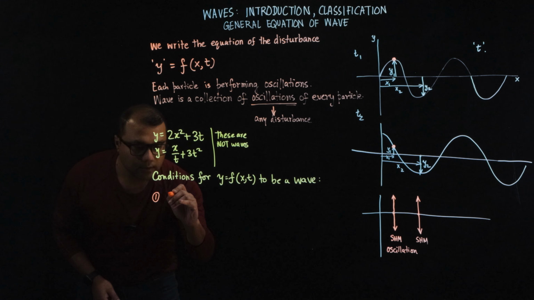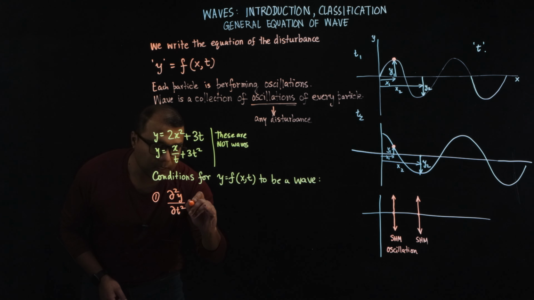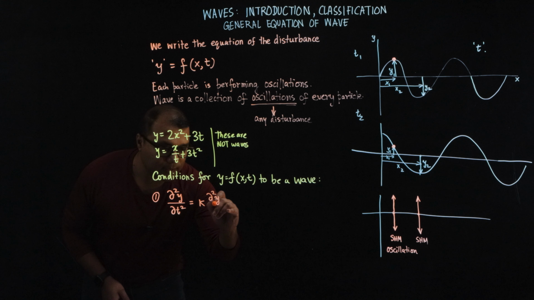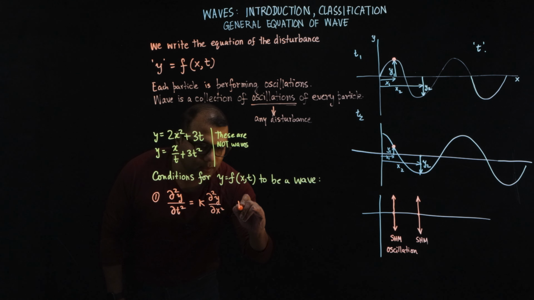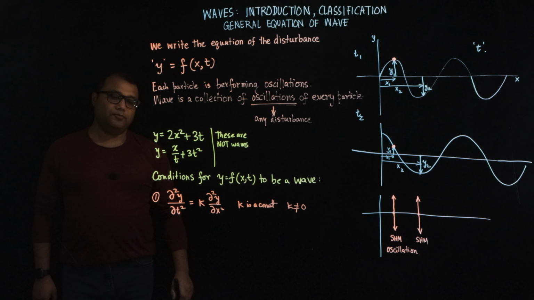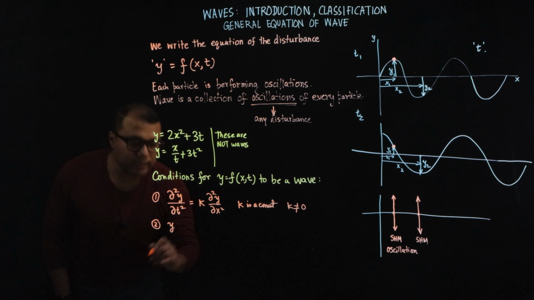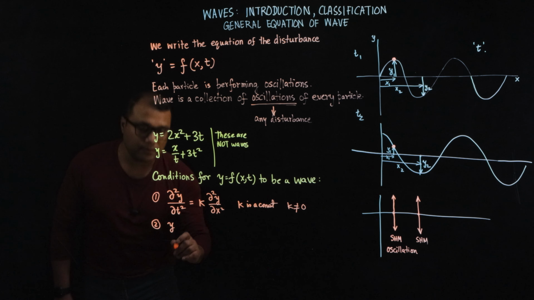One is the partial derivative del square y by del t square should be equal to some constant k times del square y by del x square, where k is a constant and k is not equal to 0. This is condition number 1. Okay. Condition number 2 is y should be defined for all x and t.